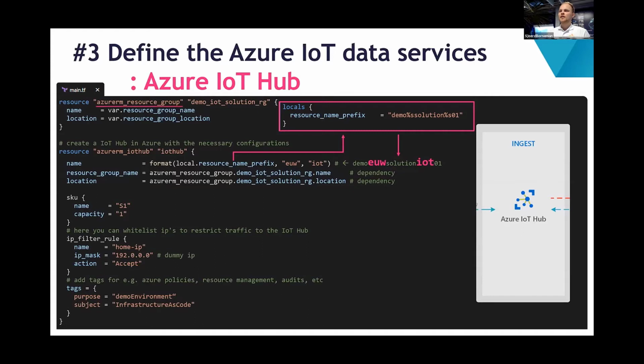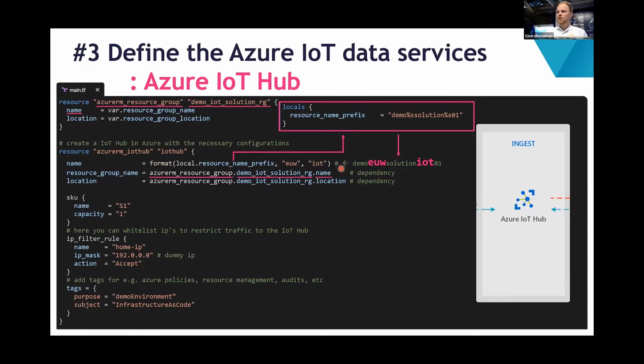After that, I have to assign the resource group name because when I create an IoT hub, it has to live under a specific resource group. And I can define the resource group name again, but that's not best practice. You can create a dependency by referring to the first label, the second label, and then extracting the attribute which you want to use for that specific argument.